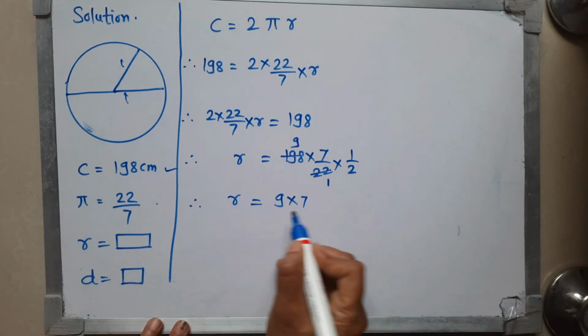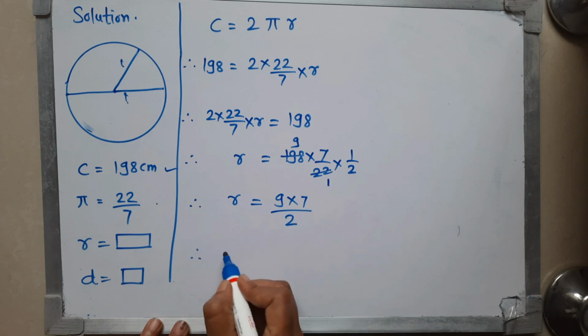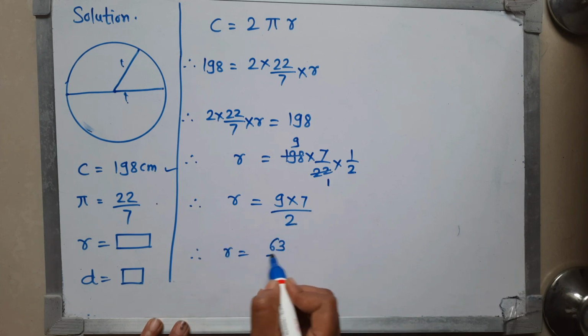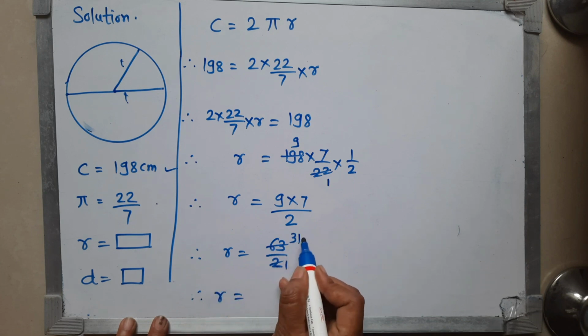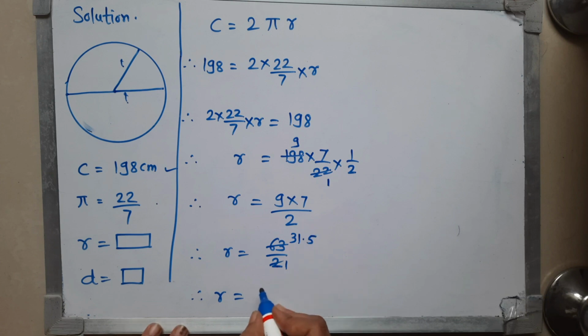Remaining numbers 9 into 7 upon 2. 9 7s are 63 upon 2. 63 divided by 2, quotient is 31.5. Radius is 31.5 centimeter.